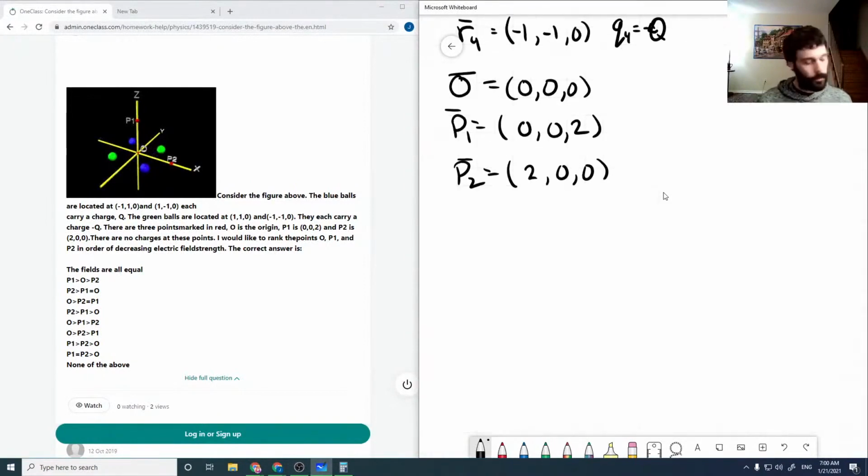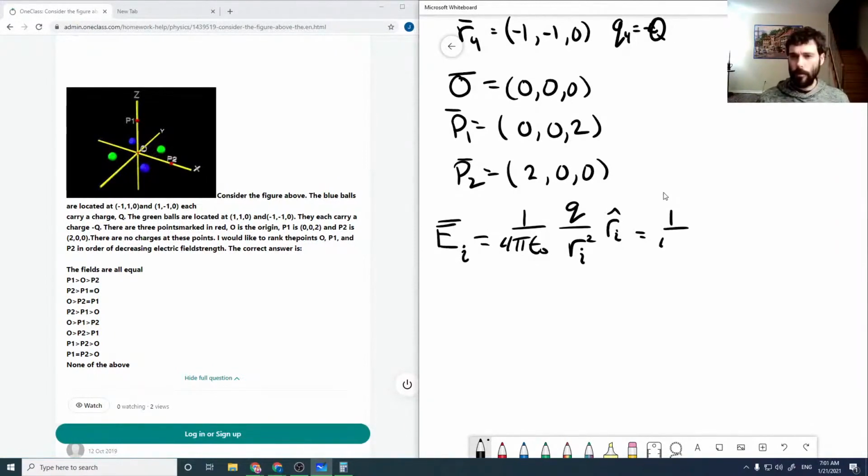Now our electric field at some point, which I'm going to just call I, is 1 over 4 pi epsilon naught Q over R I squared R I hat, which is 1 over 4 pi epsilon naught Q over Ri squared times the vector in the direction of Ri over Ri.